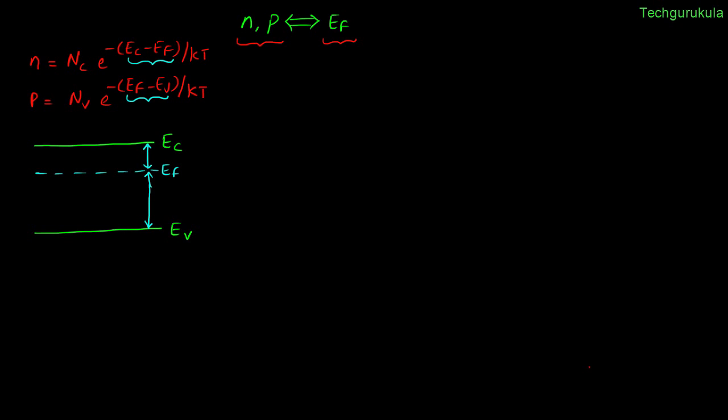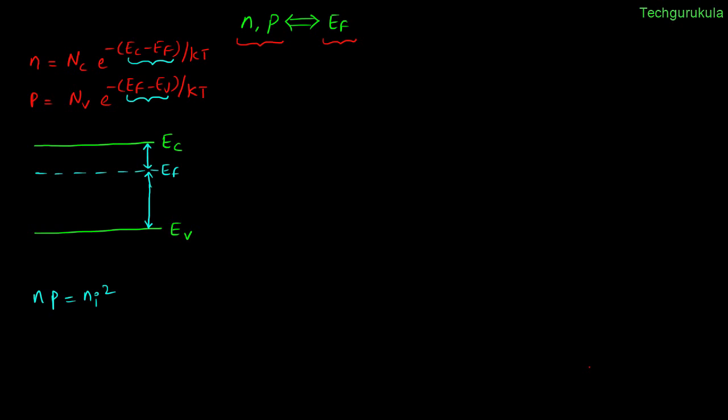We know the electron concentration in the conduction band and the hole concentration in the valence band are related by the mass action law, which is given by n times p is equal to ni square, which means the Fermi energy level for a given semiconductor is the same for calculation of both electron and hole concentrations.